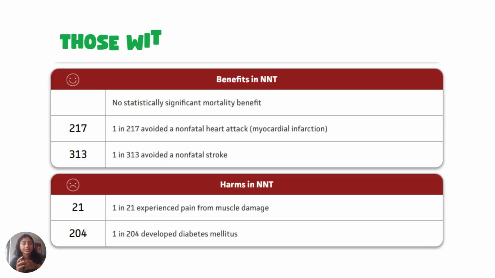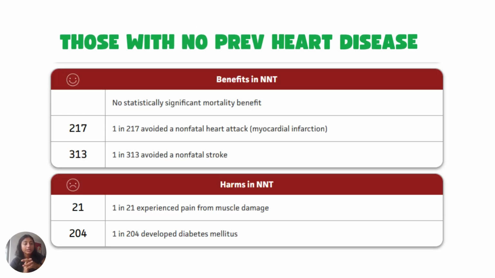Okay, next. So this is a statistical measure that's actually useful. It's called number needed to treat. This is very useful for me if I'm prescribing a certain drug to a patient. How many people will I have to give this drug to in order to save one life?